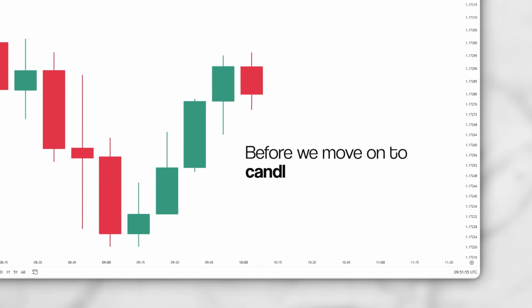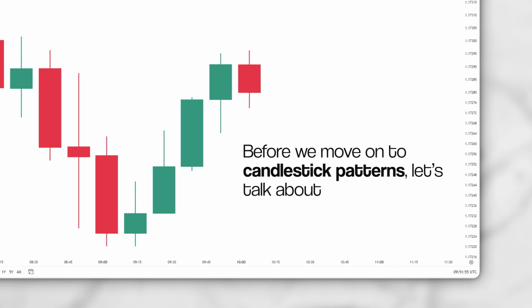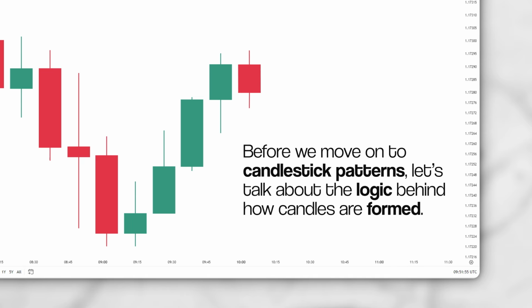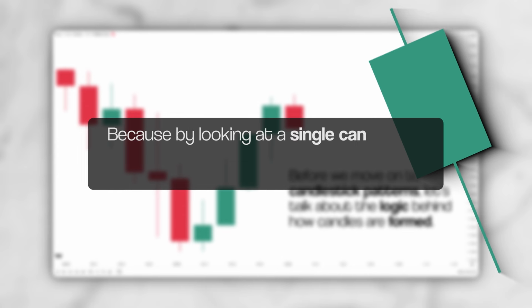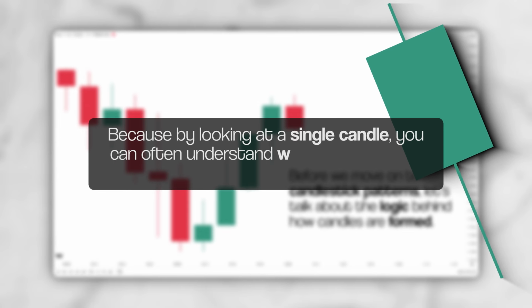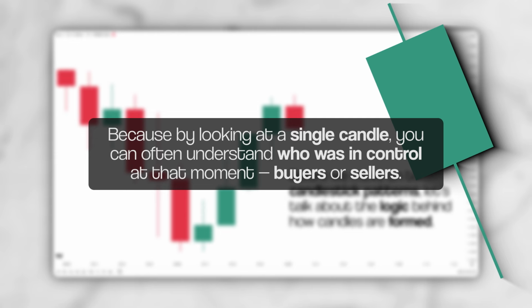Before we move on to candlestick patterns, let's talk about the logic behind how candles are formed. Because by looking at a single candle, you can often understand who was in control at that moment, buyers or sellers. This will help us make the right trading decisions. Take a look at this red candle. We can see that it has a small body and a long upper wick.